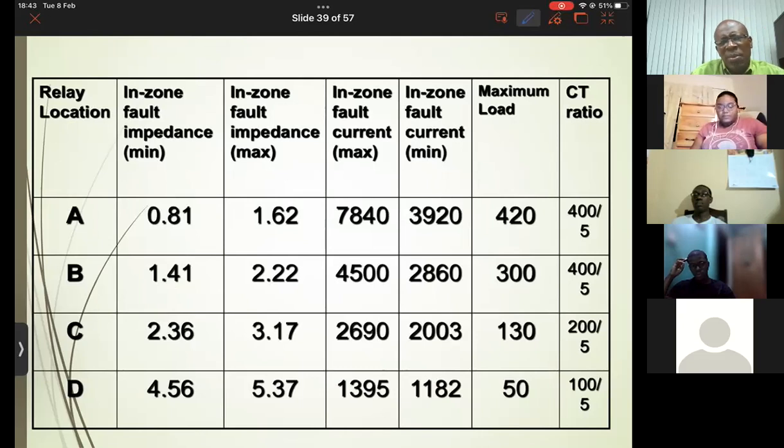Now, if I started with relay A, what is the smallest fault current that I want relay A to respond to? So that we do 3,920. That is the minimum in-zone fault for A. But what do I want it to respond to?